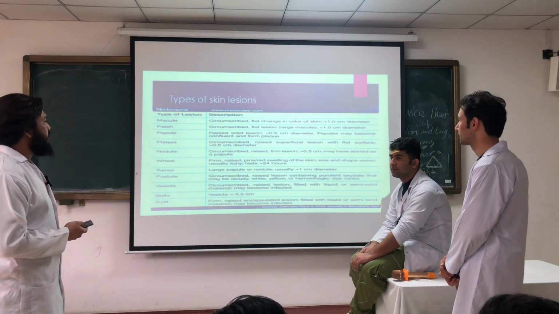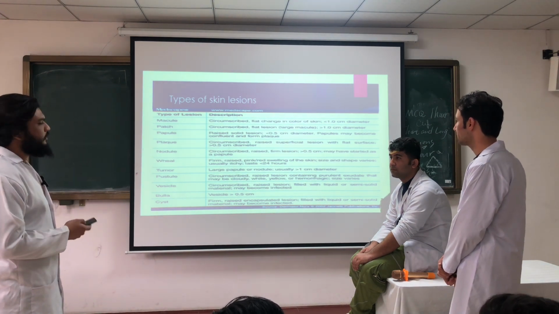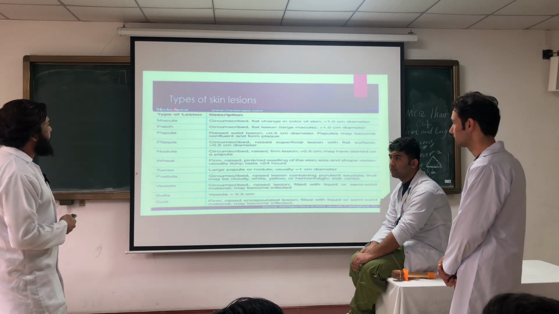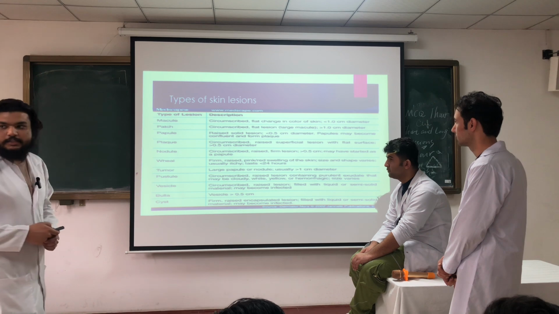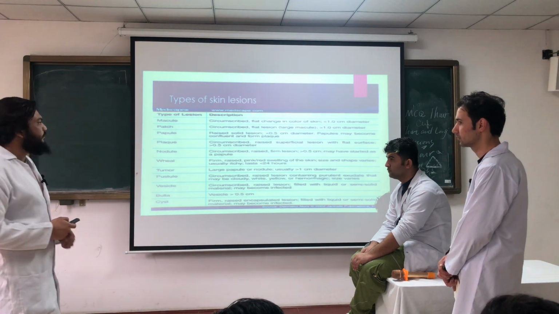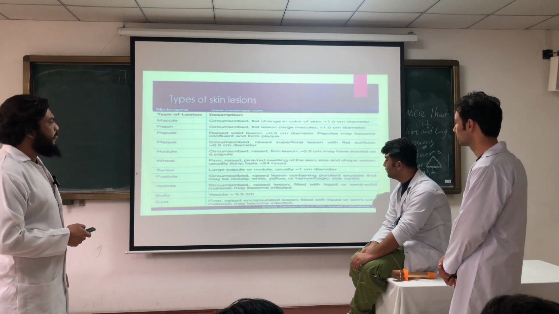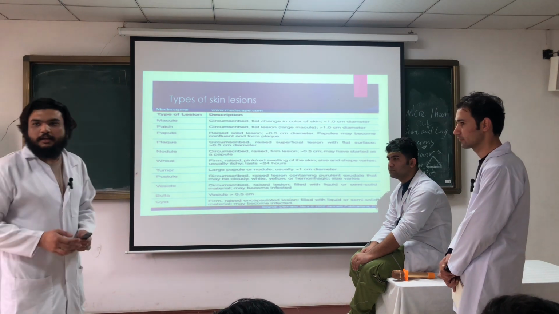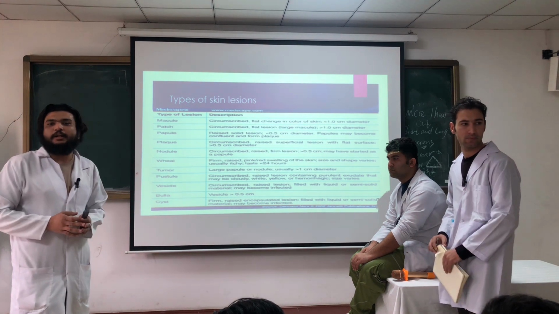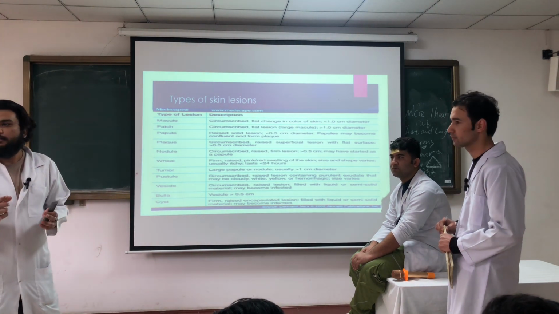We have to keep the diameter in mind so that we don't mix the lesions. A patch is greater than 1 centimeter in diameter. A papule is a raised lesion which is less than 0.5 centimeter in diameter. And papules may become confluent and form plaque. It means that if papules are left untreated, they'll form plaque.